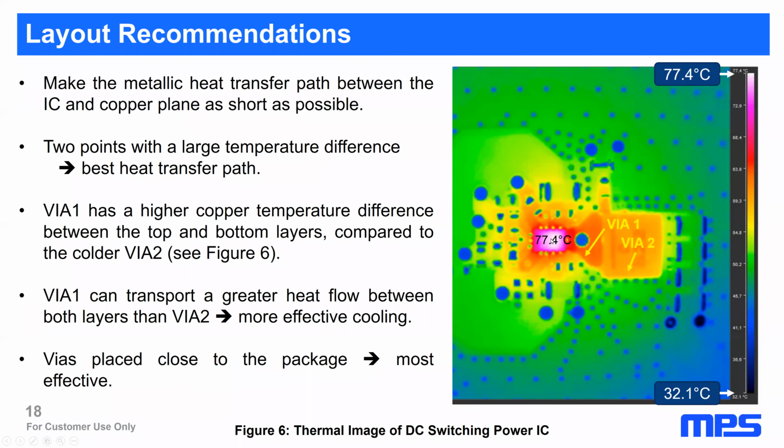That's the area of the high side and the low side MOSFET. They are the hottest part of the silicon. On the left, you see an area which is a few degrees colder. Here is the control unit of the silicon.